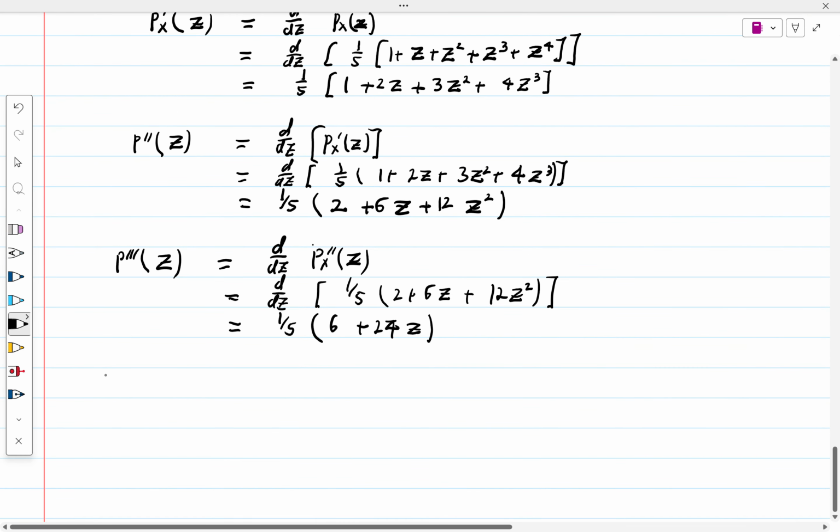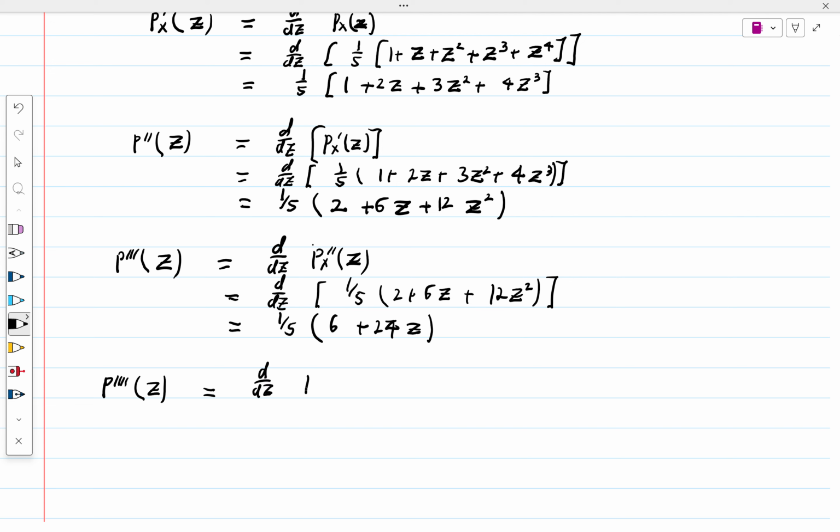And finally, the fourth derivative with respect to z is equal to the derivative of the third derivative, which is d/dz of 1/5 times (6 plus 24z).